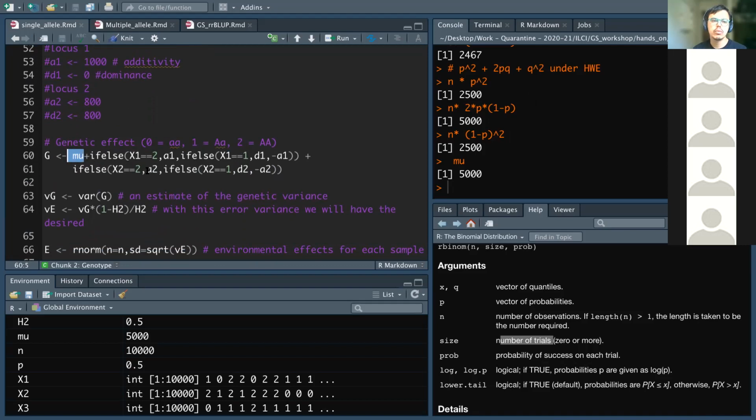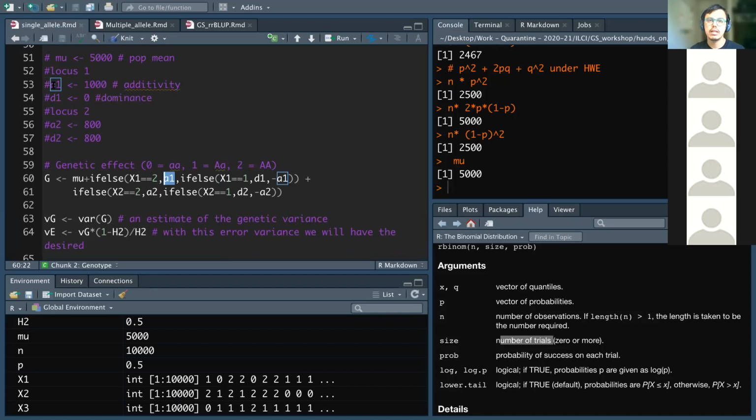The individuals that are homozygous dominant for the allele A1 are going to have the additive value for that first locus, that is 1,000. That is what I am doing here.